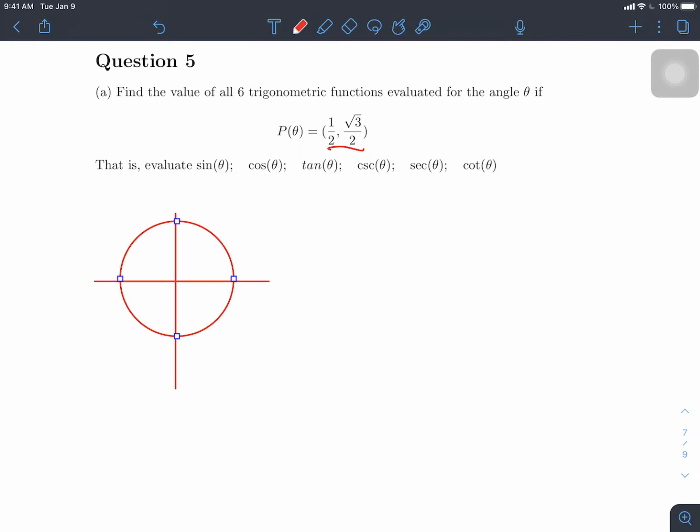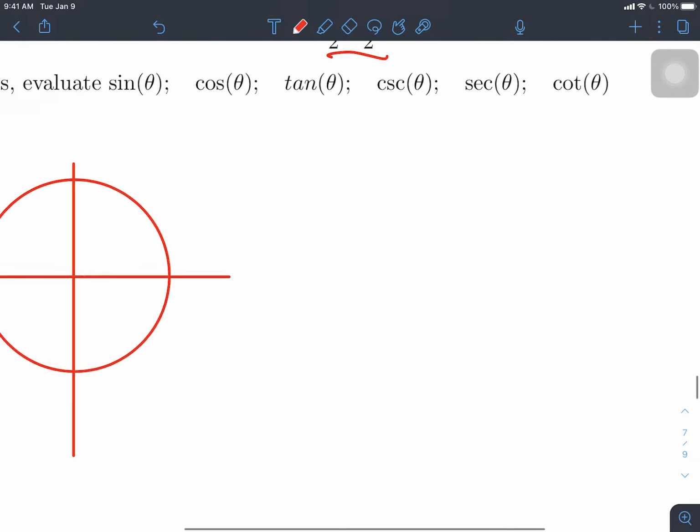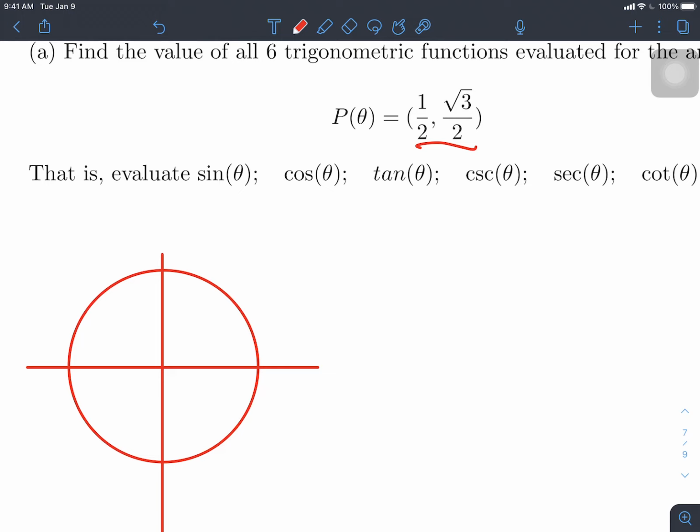So here's a unit circle, and the point which theta points at is the point which is over by 1/2 and up by square root 3 over 2, so it's somewhere up here. Sorry, that should be 1/2 comma square root 3 over 2. And the angle theta is the angle which points at that point.